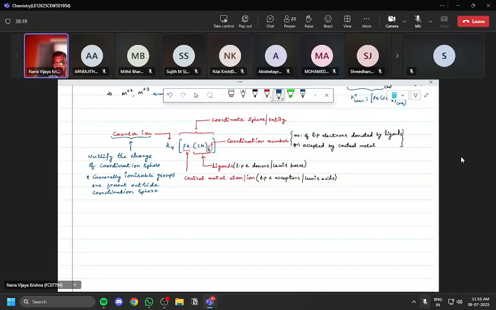If I take one example, Cu(NH3)4 SO4, a blue color complex. What is the counter ion here? This is the counter ion.